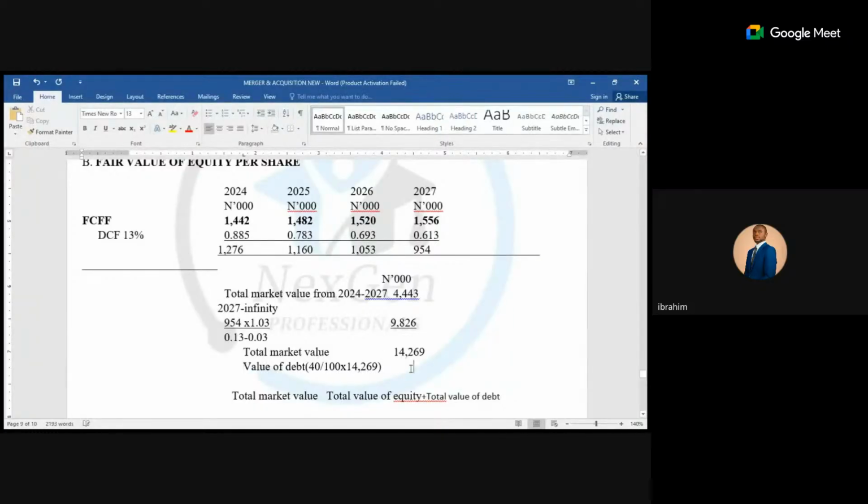So what do we have? 5708. So when you subtract it, you have the total market value of equity.